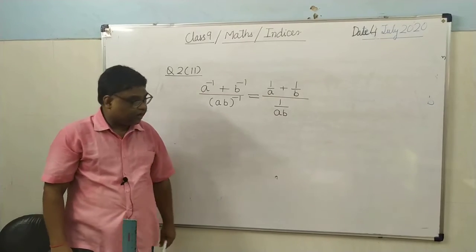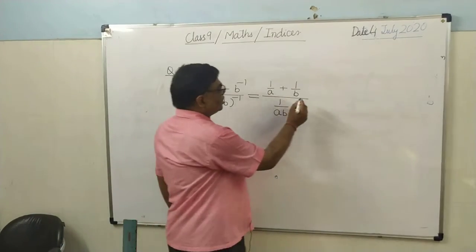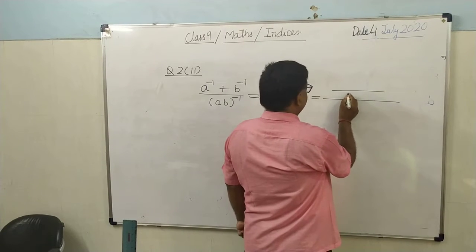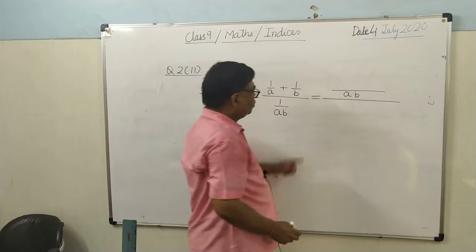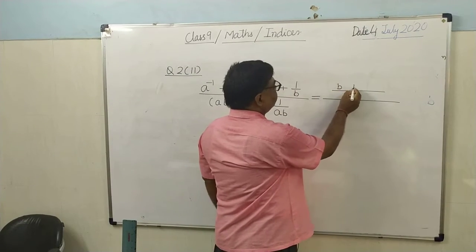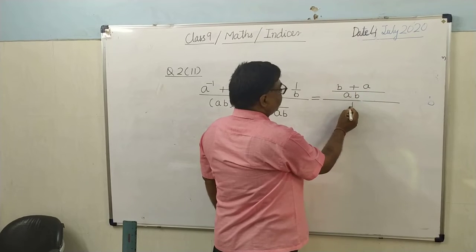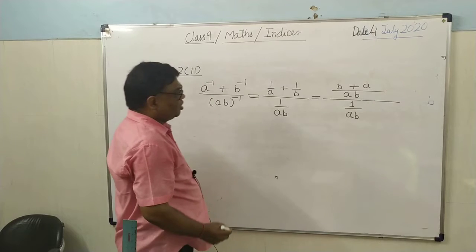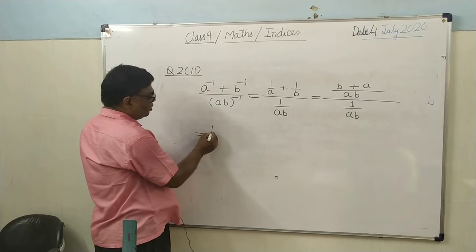Now see here. How will you simplify it further? Here you take the LCM. The LCM is ab. So b will multiply here, a will multiply here. So this is b plus a divided by 1 upon ab. Then how will you simplify further?